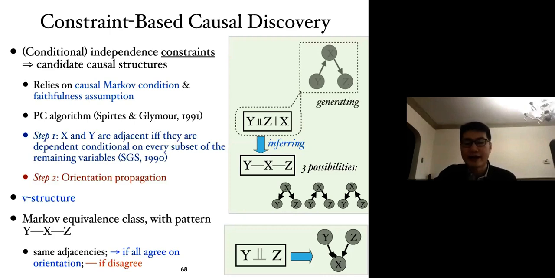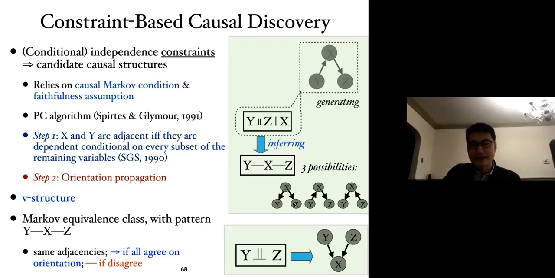And this is known as a V structure. You have a V structure here. So now, with the same skeleton, you may have different causal structures, as you can see here. And those three possibilities have very different conditional independence relations compared to this one. For this structure, Y and Z are independent, and for the remaining three possibilities, Y and Z are not independent.